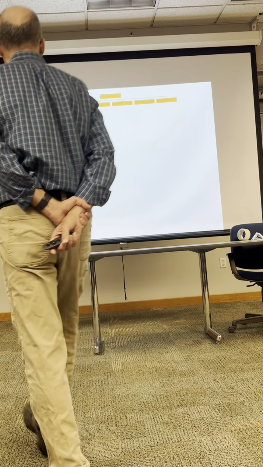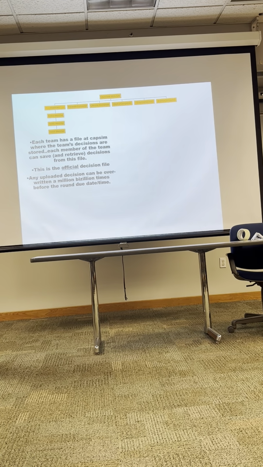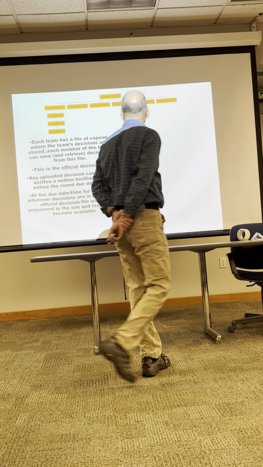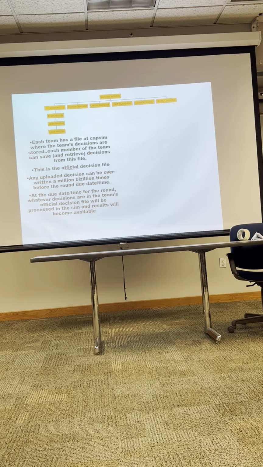Any uploaded decision to this official decision can be overwritten a million bazillion times before the round due date and time. So don't think, we're stuck with that, all right? At the due date and time for the round, whatever decisions are in the team's official decisions file will be processed, and the sim results will become available for the next round. Okay?